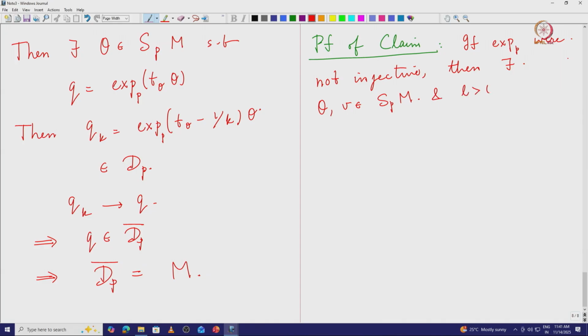and some L such that the exponential of L times theta equals the exponential of L times V. Why do we have an L, why do we not have an L theta here and some L prime V?